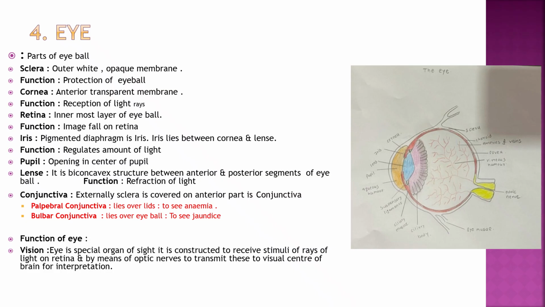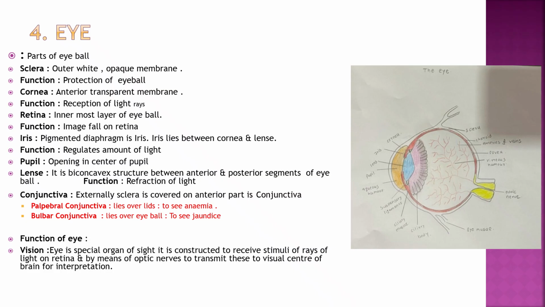The pupil is the opening in the center of the iris. By constriction or dilatation because of light changes, in the dark the pupil dilates, and in more light it constricts. The lens is a biconvex structure between the anterior and posterior segments of the eyeball, and its main function is refraction of light.